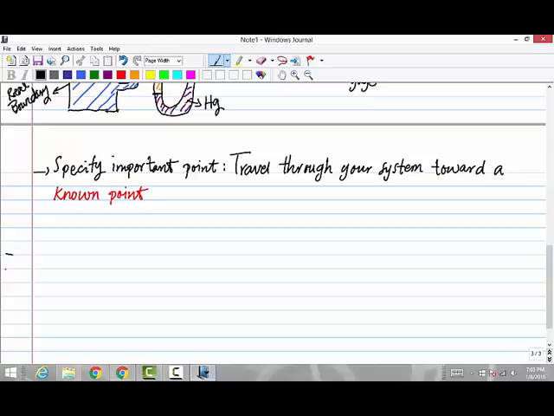I'll tell you what this known point is. And pick your points at the interfaces.